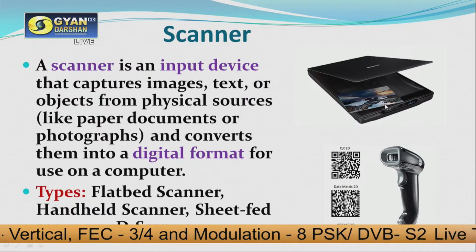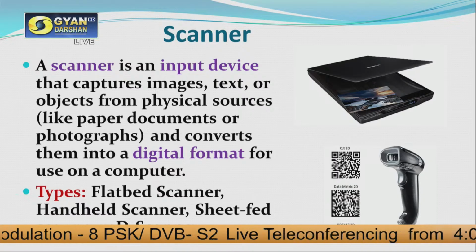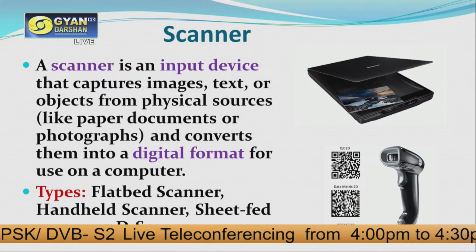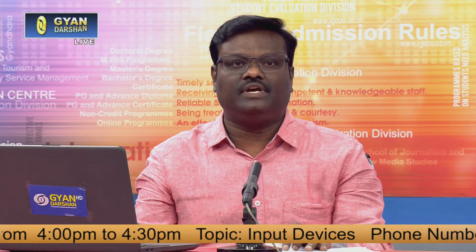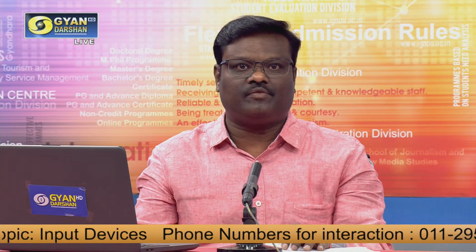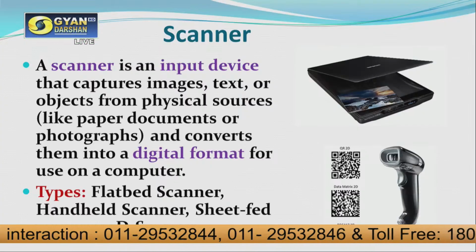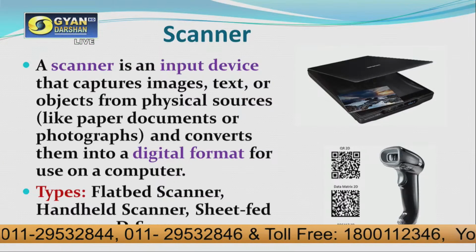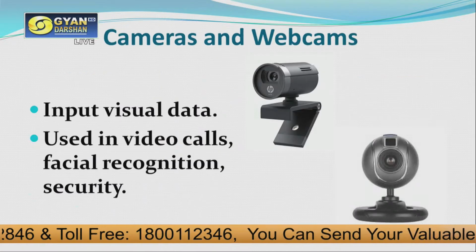This is just like a simple photocopy machine, wherein we place the document inside, and then there will be an application program which we open, and we record the whole image in the form of a picture and store it in digital format. There are flatbed scanners, handheld scanners, sheet-fed scanners, or else 3D scanners available in the market.